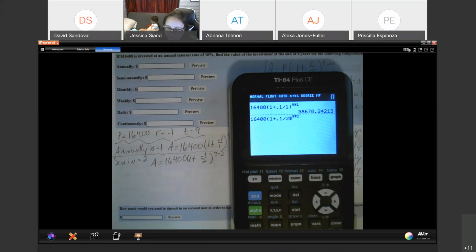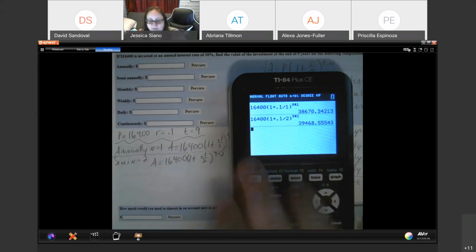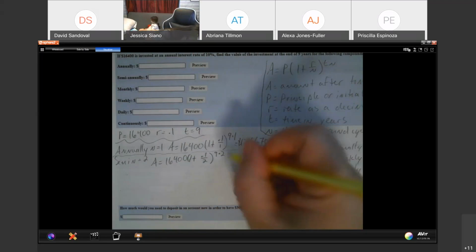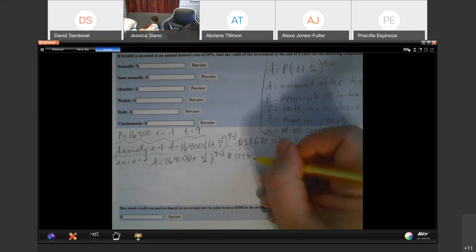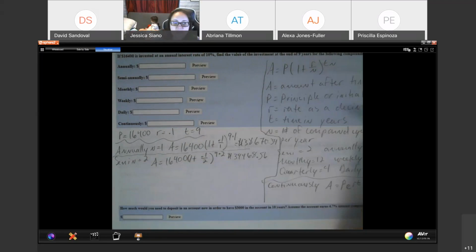If you have a TI-83 and you don't put parentheses around your 9 times 2, it's going to do it to the 9, and then multiply that by 2, and you're going to get the wrong answer. So we get $39,468.56.